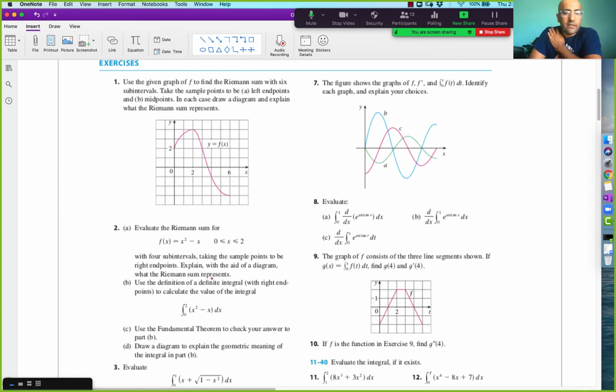I think I assigned the odd ones from 1 to 60-something. So let's start with the single-digit ones. Are there any questions about anything in the single-digit ones? Let's do at least one of them, like number 1, or number 3, or number 5, or number 7, number 9.